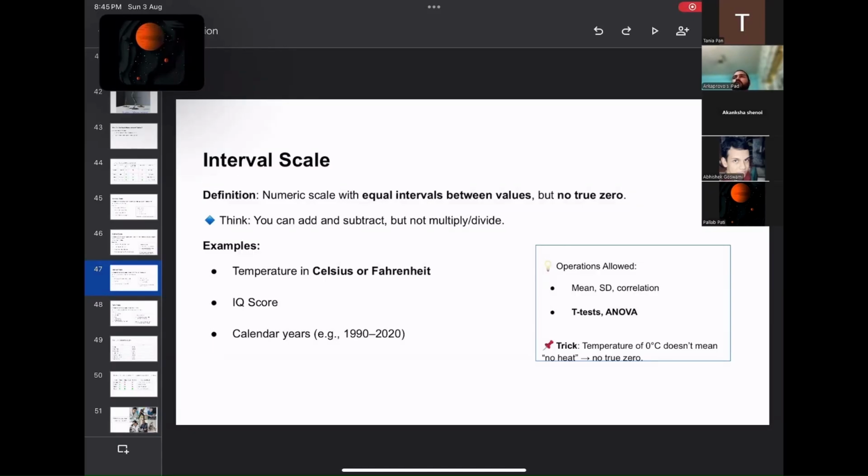What do you mean by true zero? This is a physics concept from class 11, 12, I guess. Can someone tell me who was good at physics? Abhishek? What is a true zero?